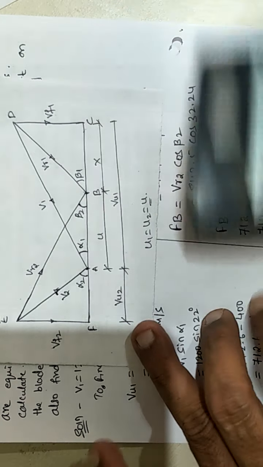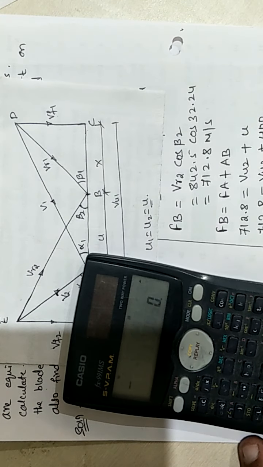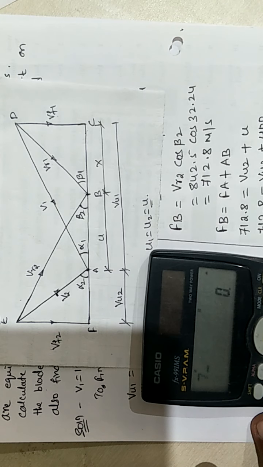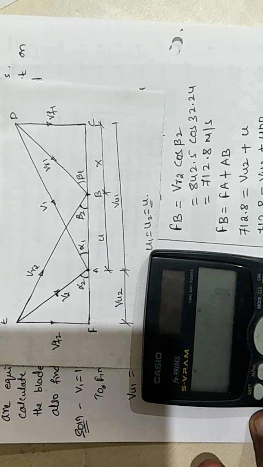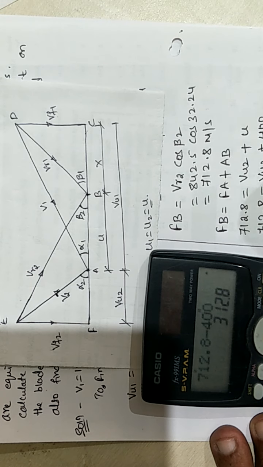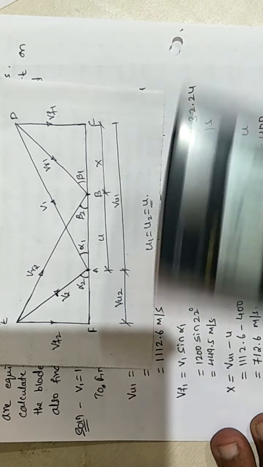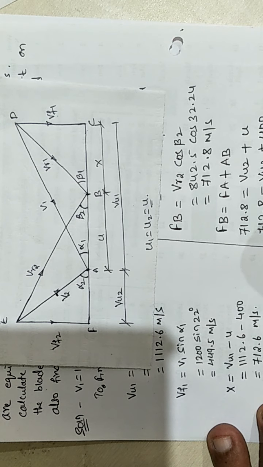So you'll get 312.8 meters per second. This is the value of VU2.